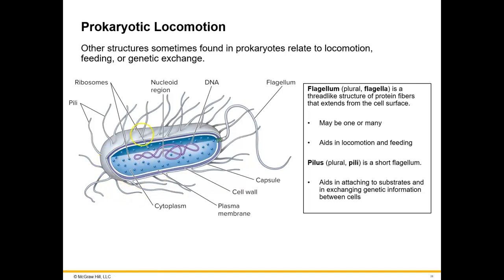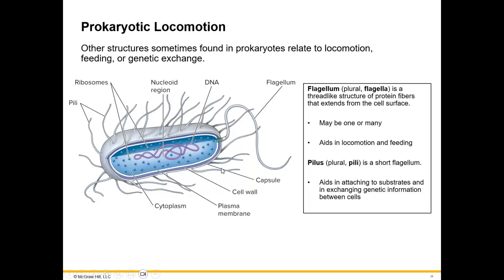And then the cytoplasm is the semi-fluid substance that those ribosomes and DNA are floating within on the inside of these prokaryotic cells. You could see in some instances, instead of just having a cell membrane, we also have a cell wall, and then sometimes even further, these archaea and bacteria will have a capsule on the outer layer of that cell wall as well.